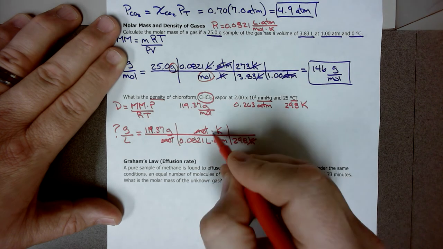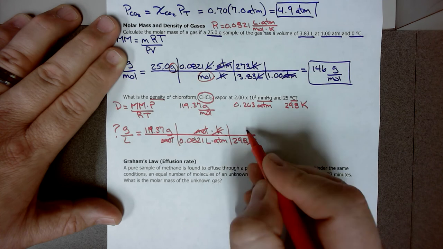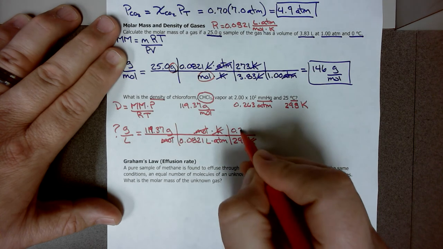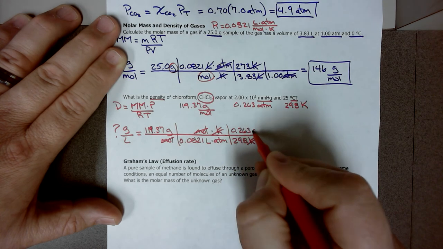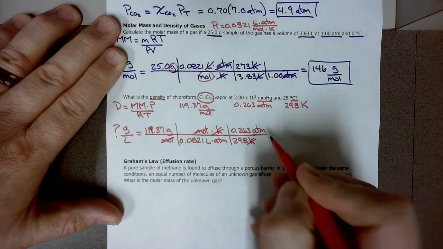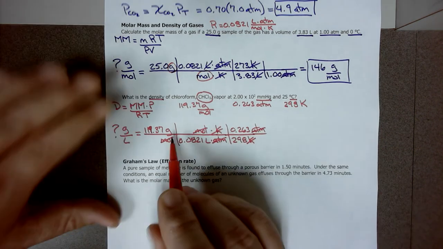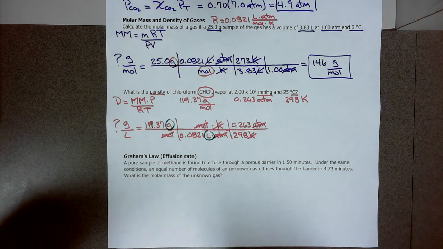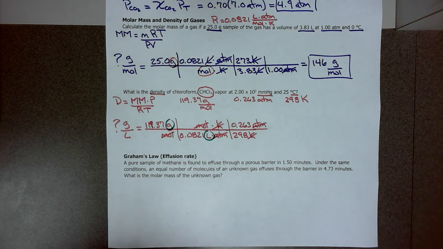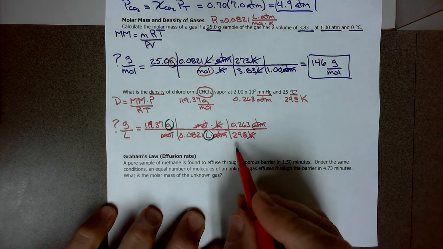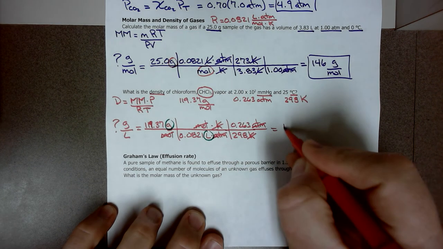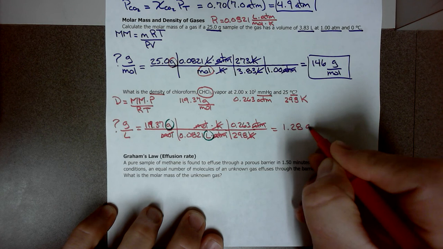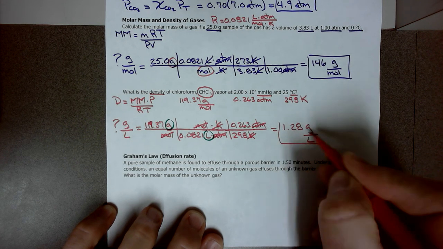And then atmospheres are on bottom, so I'm going to put them on top. 0.263 atmospheres. And that cancels. So if you'll notice real quick, I have grams per liter. There's my units that I want. So when I multiply and divide, I get 1.28 grams per liter is the density of that gas.